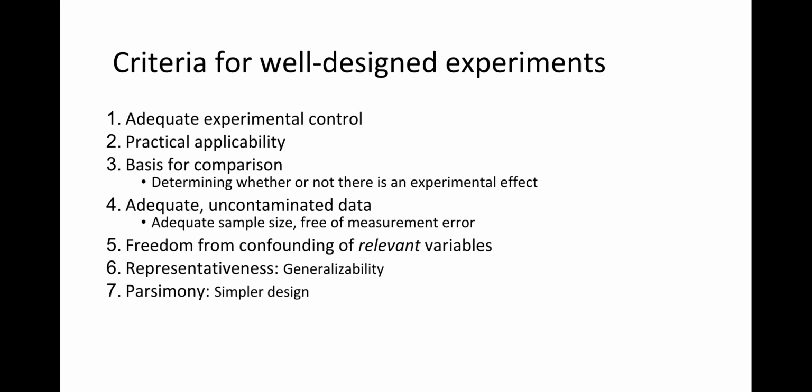It should be doable, ethical, and of reasonable cost, right? If it's too expensive or unrealistic, all those things are related to well-designed experimental research, right? And also basis for comparison is very, very important.